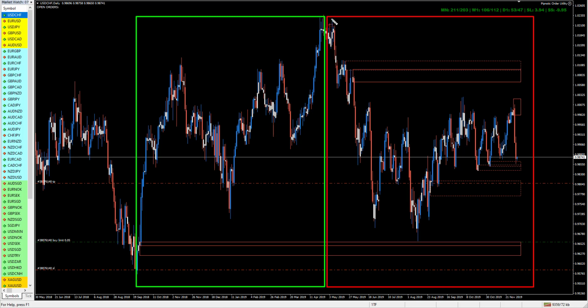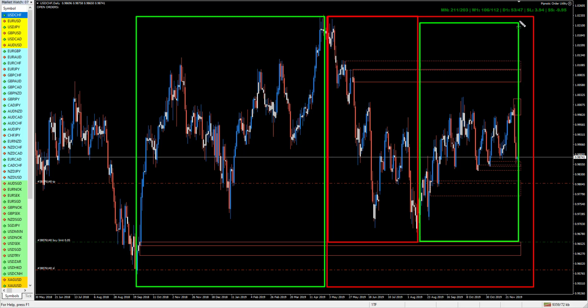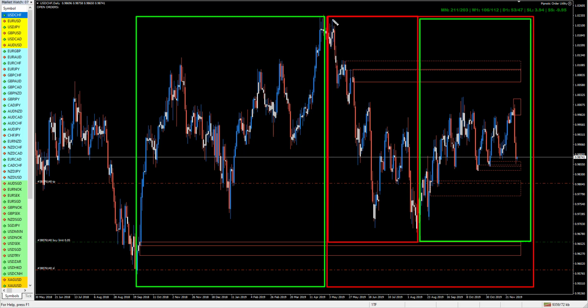Okay, so we have another sell zone from here to the deepest retracement, and inside we have the buy zone, which is from here to the top of the box here. Okay, that's telling us that we're only allowed to sell on this price move here, not allowed to sell here.